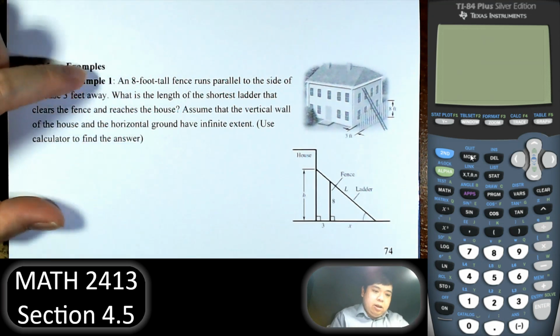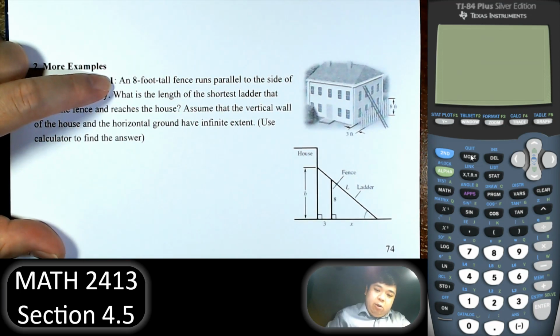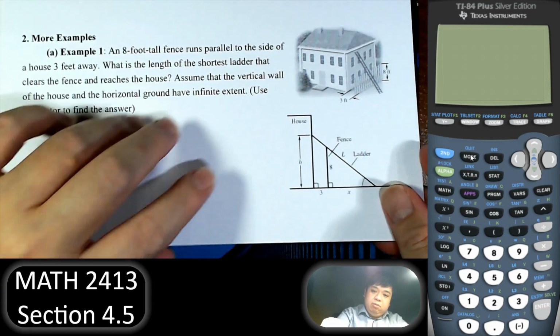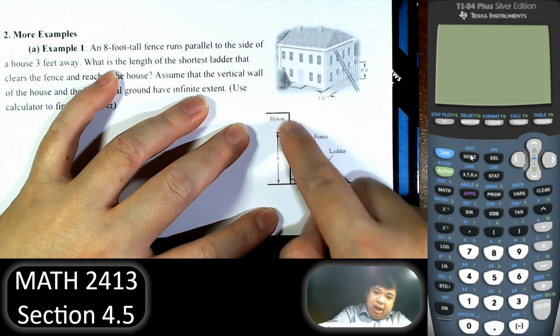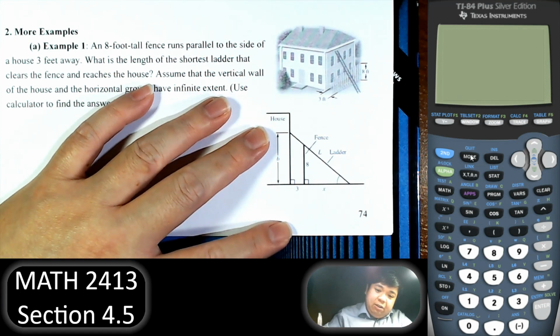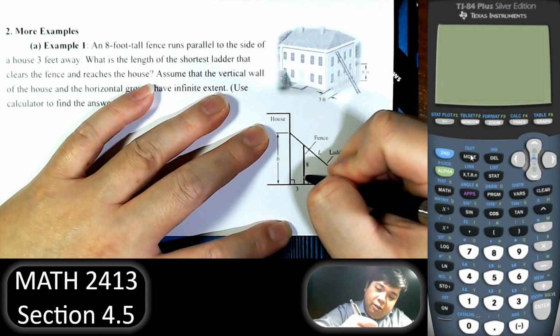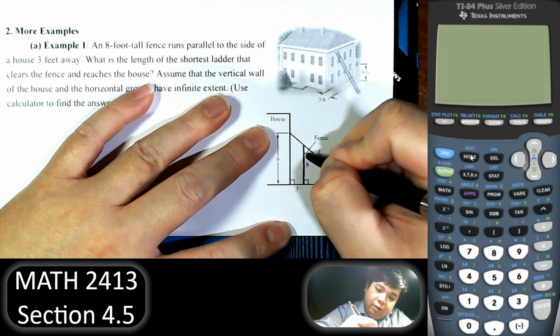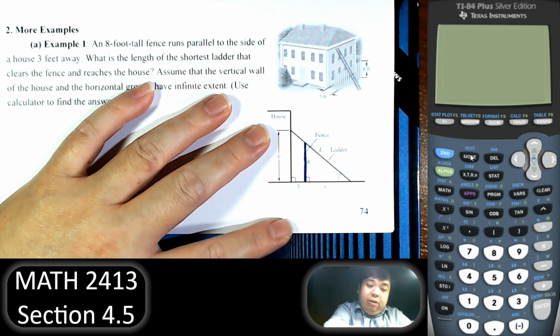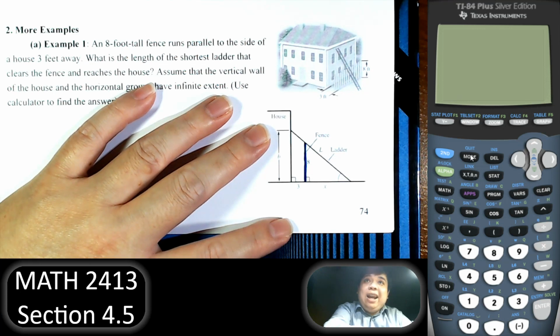Now, an 8-foot tall fence. So now we do the cross section and then we look at the problem here. So we have the house, and because that's the wall, we have the 8-foot tall ladder, a fence, sorry, that's the fence.